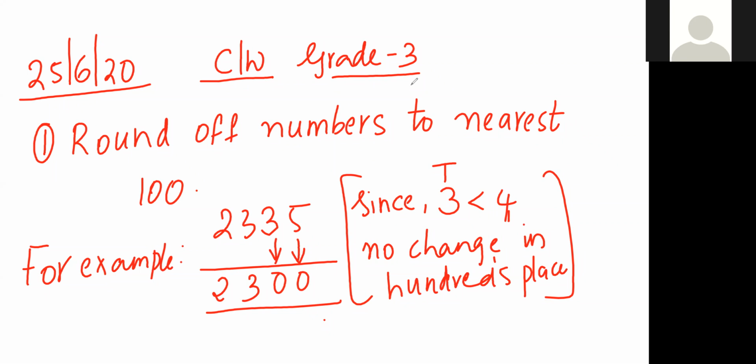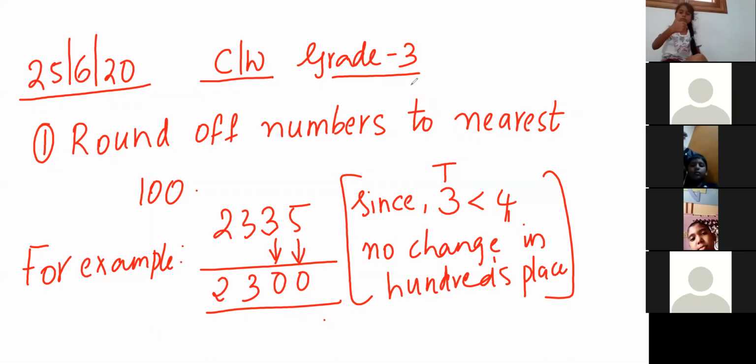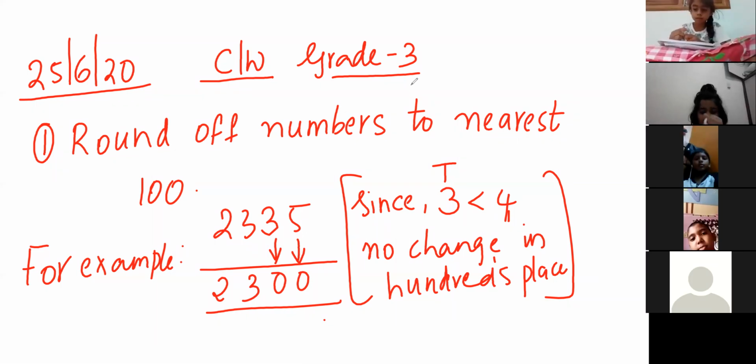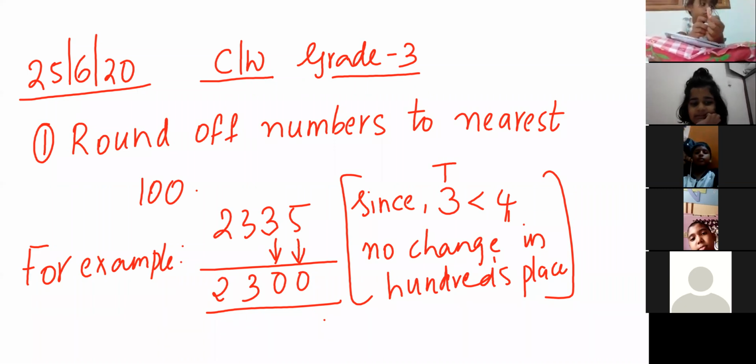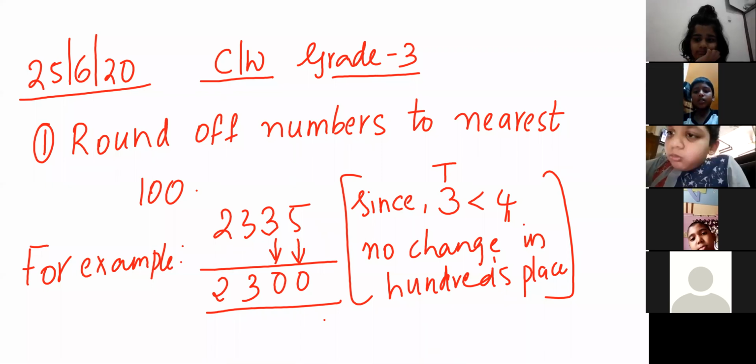Ashish and Sai Kartikeya, start your videos and show me whatever you have written. I'm going to the next page. Ashish, show your video. Sai Kartikeya, hello. Show your book. Have you completed? Show the book.